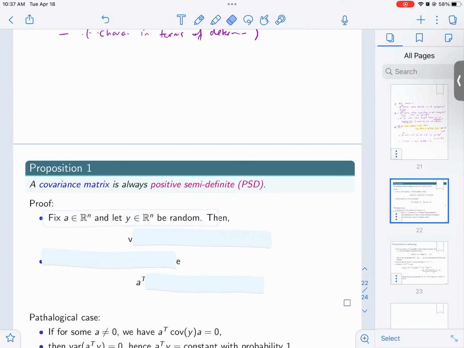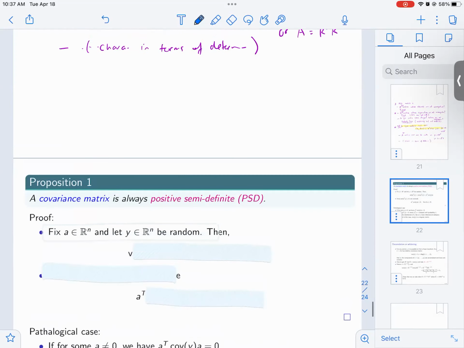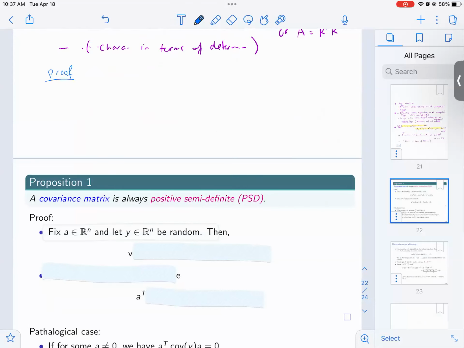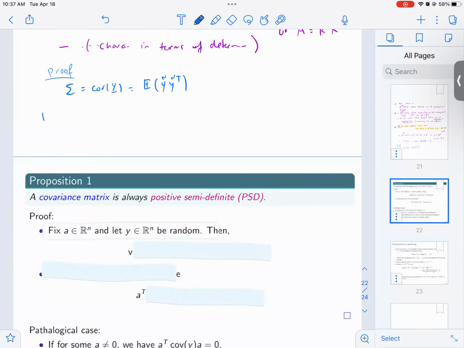Let's do it with A instead of X. I want to show that sigma, the covariance of Y, which is also the expectation of Y tilde times Y tilde transpose, satisfies: pick A in R^n.